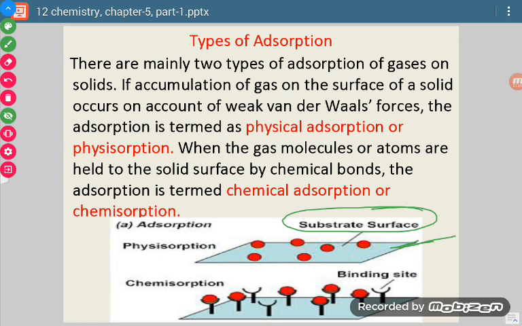They are just touching it. Okay. And there is presence of weak forces of attraction. But in case of chemisorption, what happens? The substance which is called the adsorbent possesses binding sites, and when a particular adsorbate comes near to it, there is formation of a bond at those particular sites. So there is formation of a chemical bond.